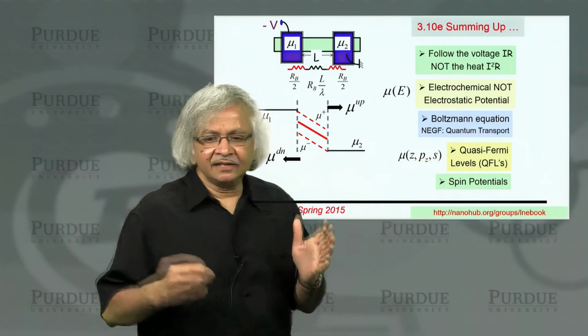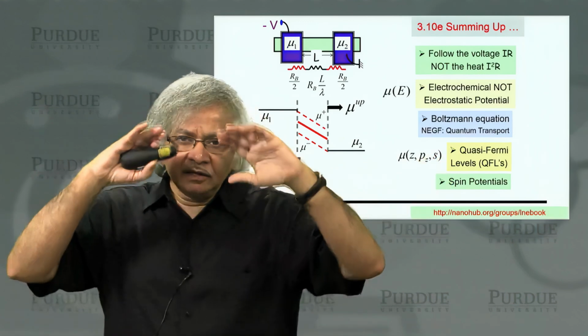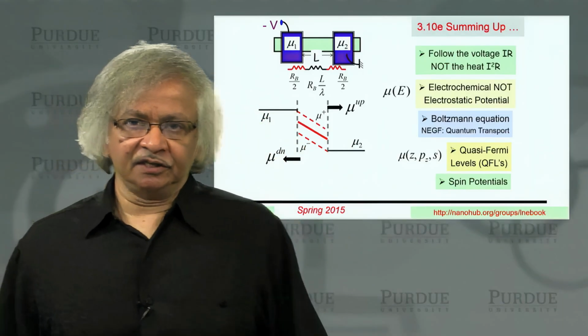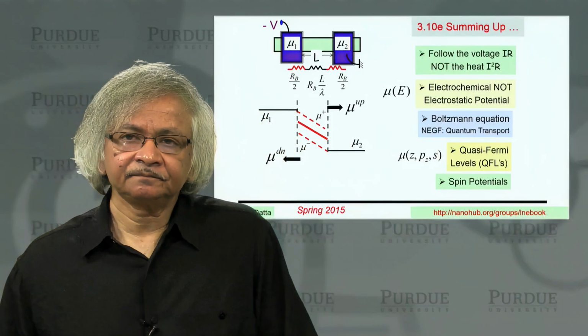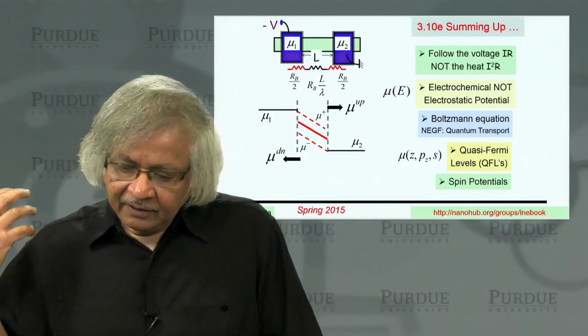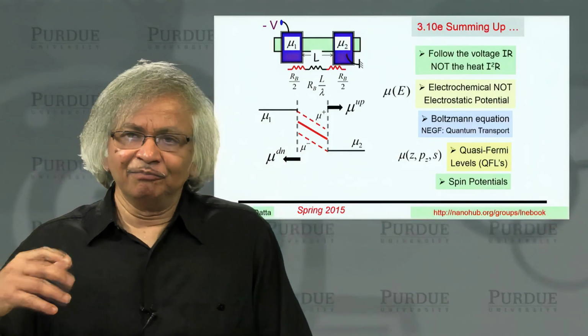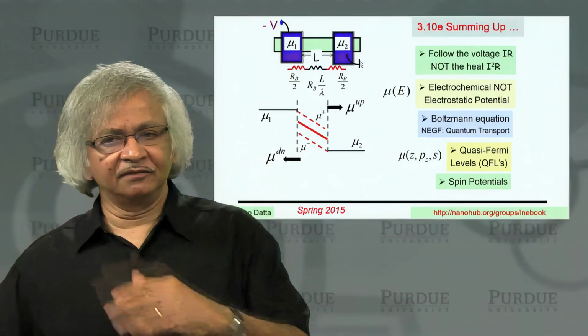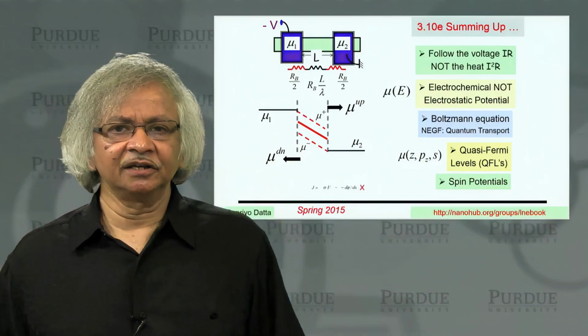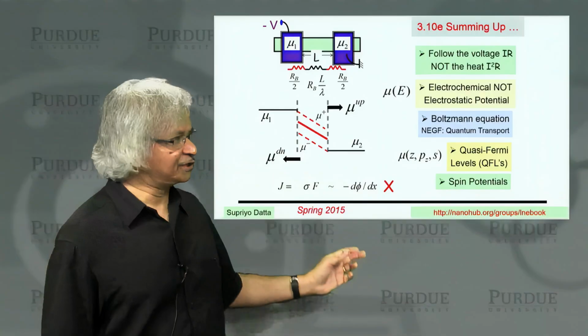And all this gives you a very useful physical picture in terms of thinking about how current flows on this scale. And all this rich physics you miss if you say that, well, quasi-Fermi levels are too complicated, we'll just think in terms of electrostatic potentials.